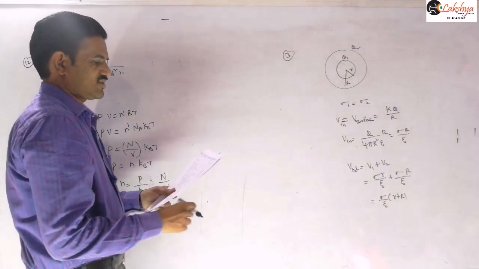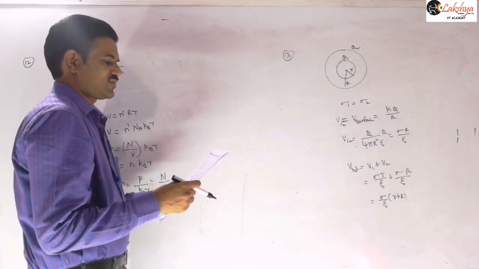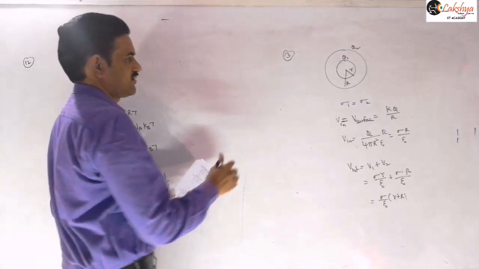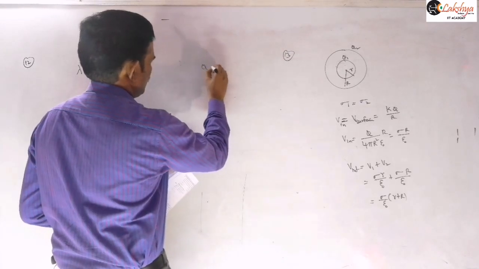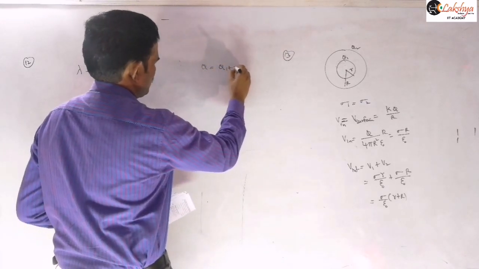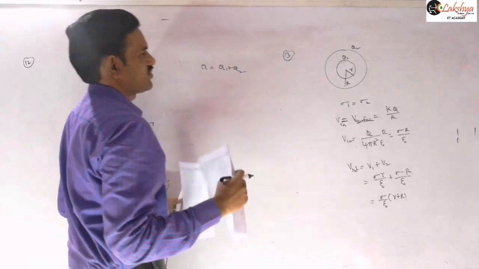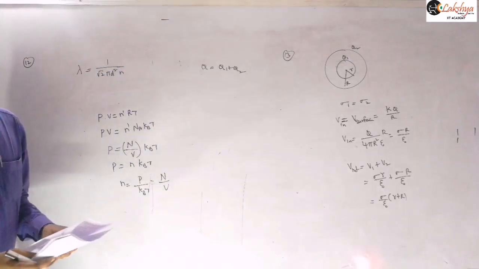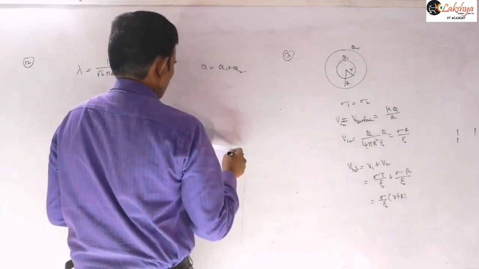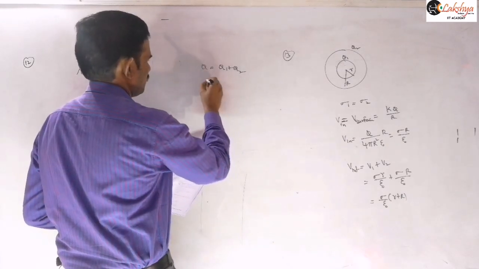Q is distributed over the two conducting spherical shells, so we can write Q is equal to Q1 plus Q2. Q is the total charge distributed on the spheres.